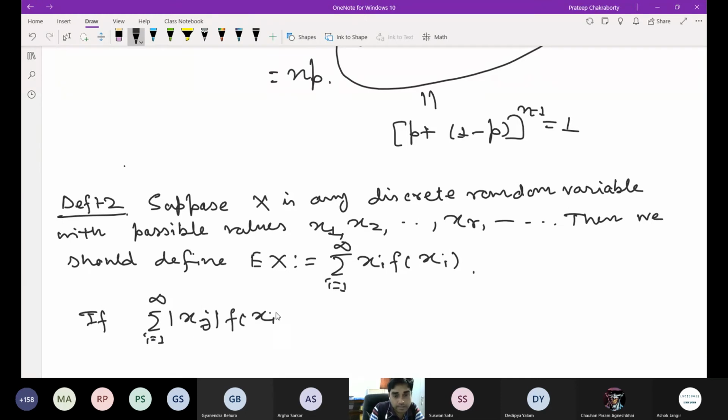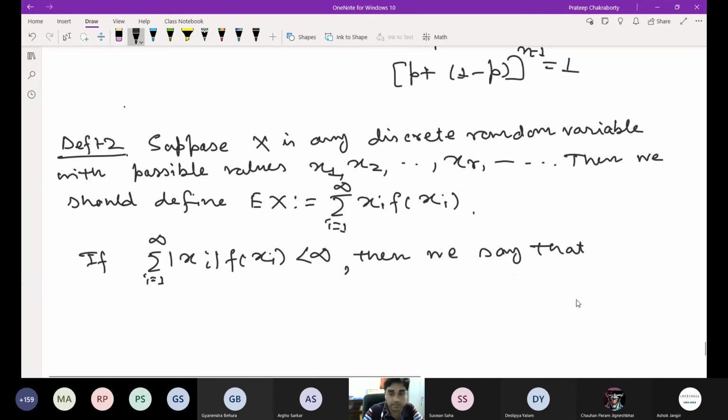If this sum is finite, then we say that X has finite expectation.